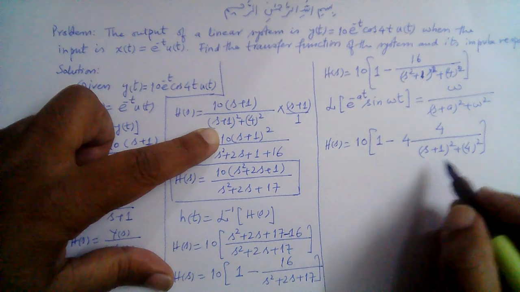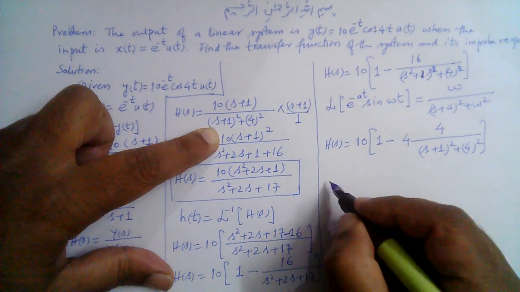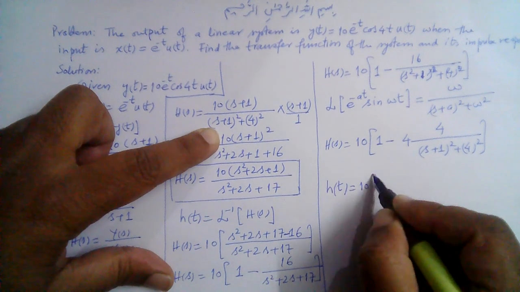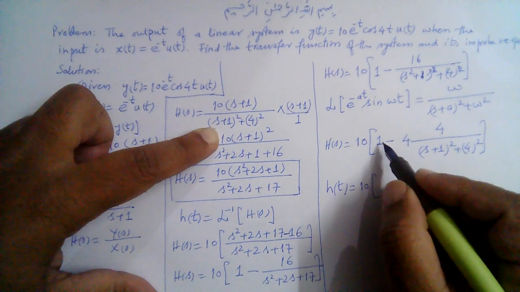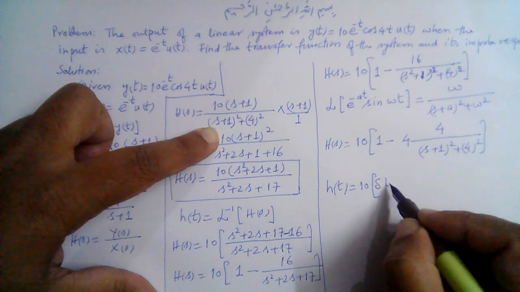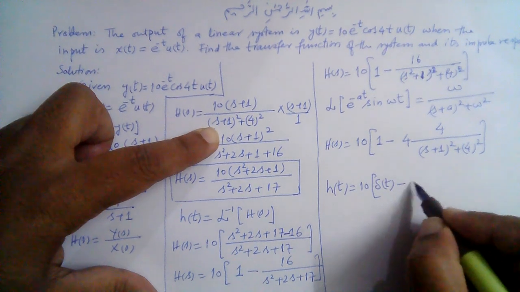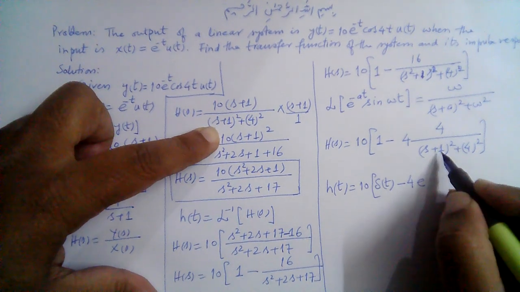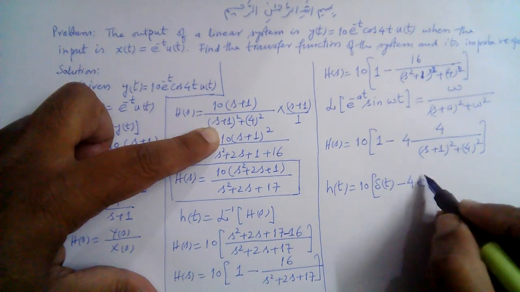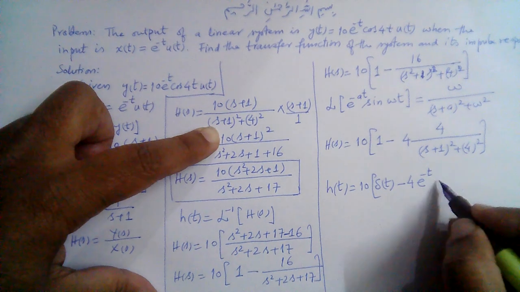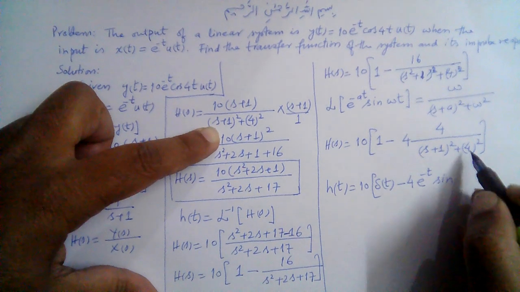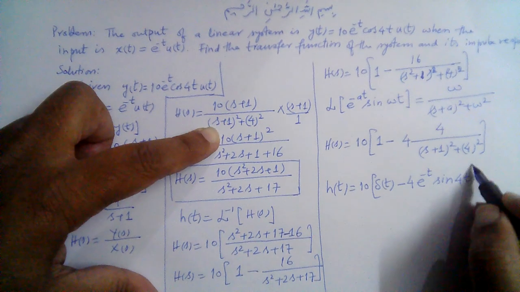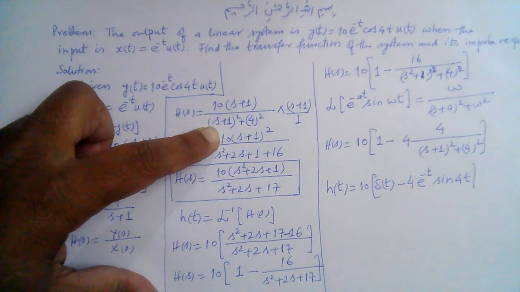So we can now write out the inverse Laplace transform. H of t is equal to 10 times, 1 is the Laplace transform of the impulse function del t, minus 4 e raised power minus t sine 4t, since omega is 4, and this is u of t here, right?